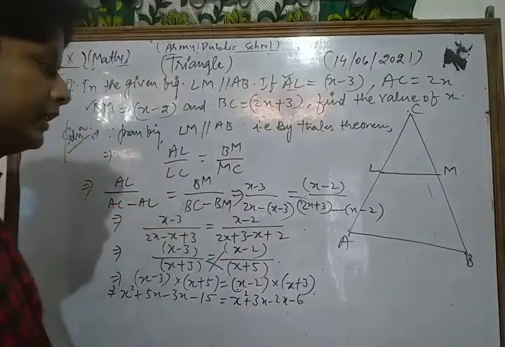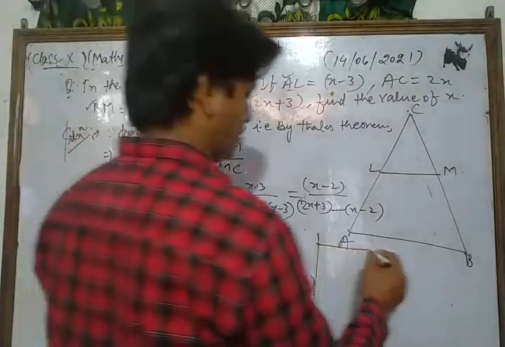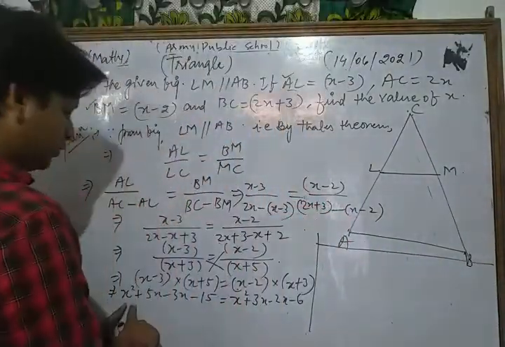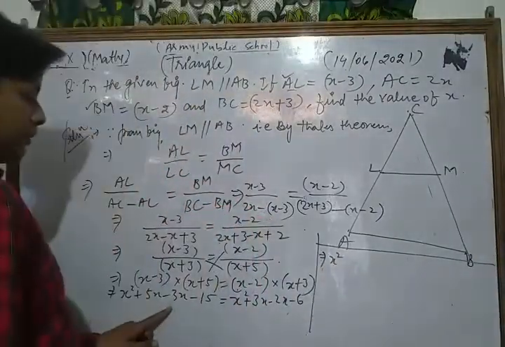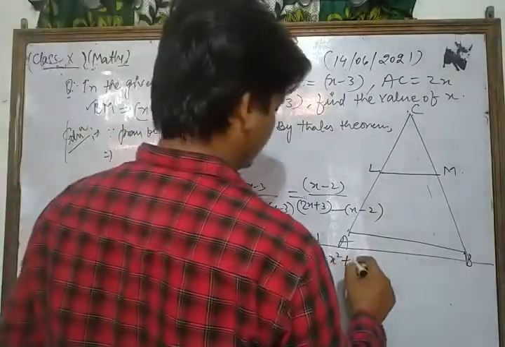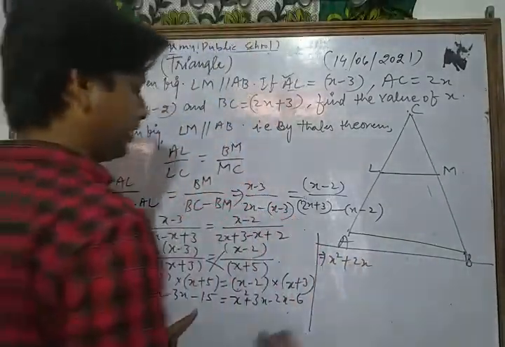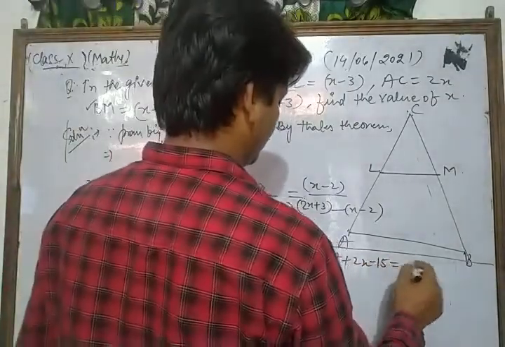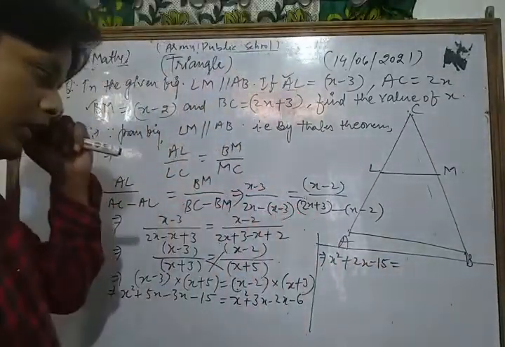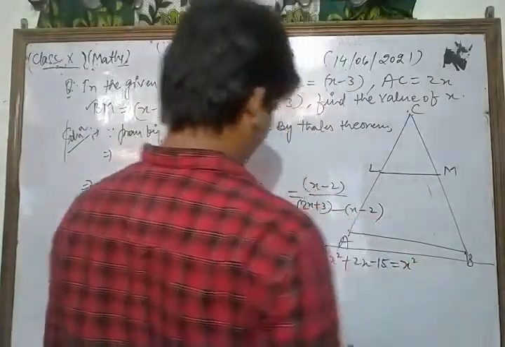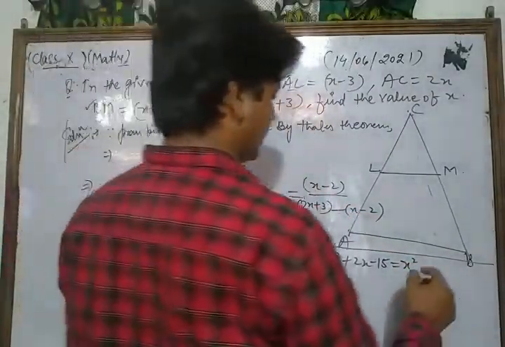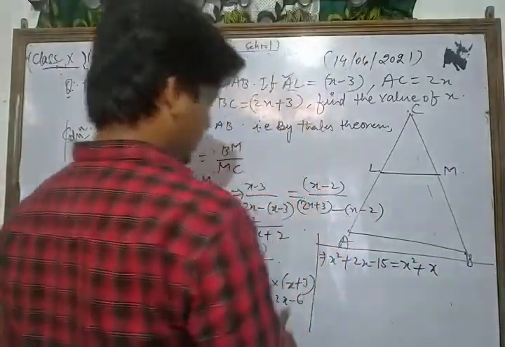Now we simplify: x square as it is, plus 5x minus 3x is plus 2x, minus 15, is equal to x square plus 3x minus 2x is x, minus 6.